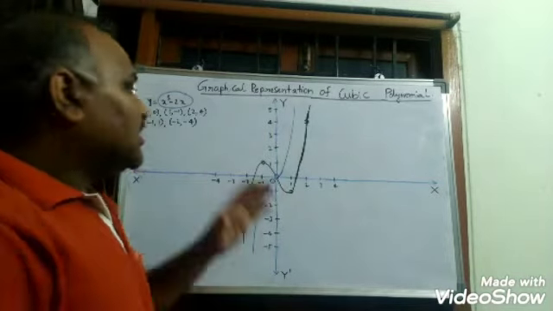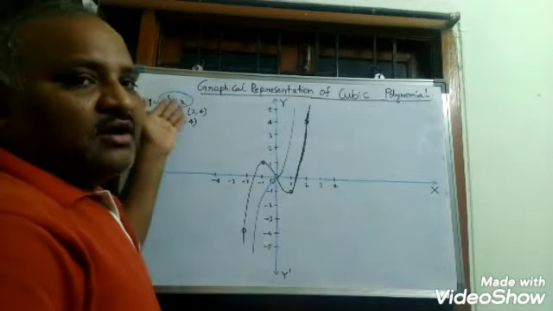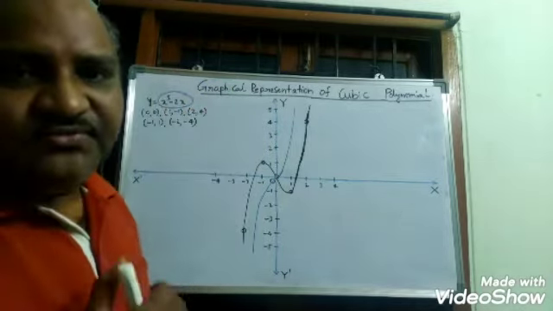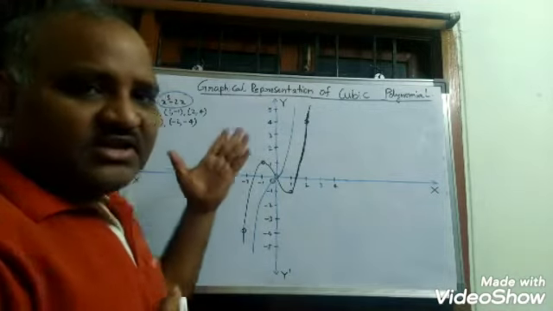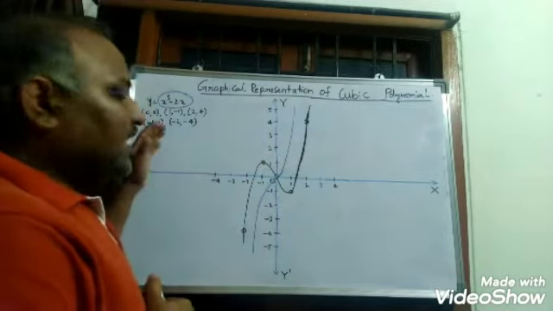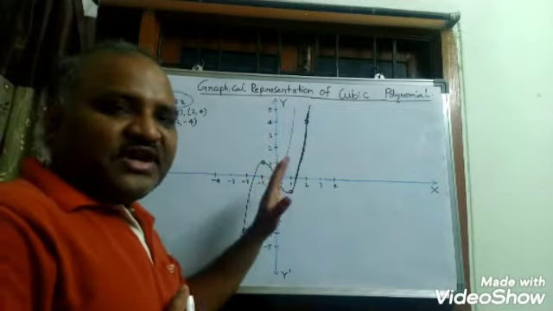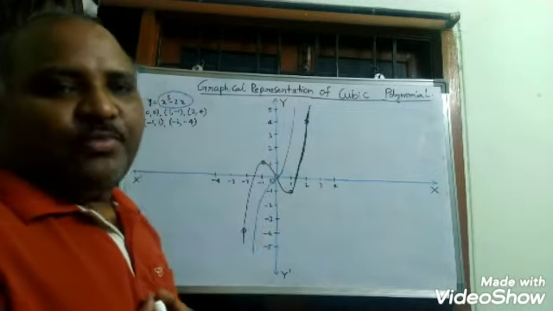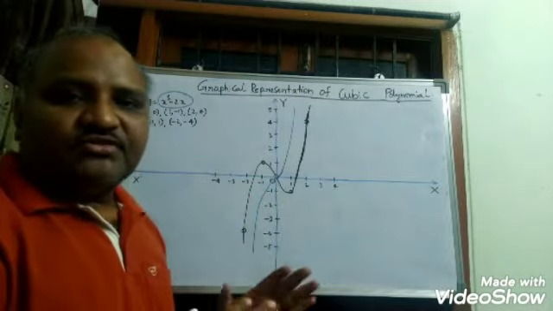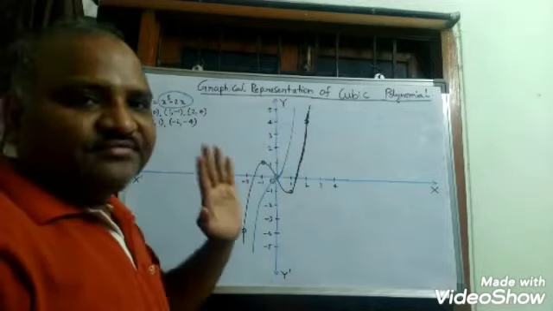Similarly, if we have two more terms, x cube minus 5x square plus 3x minus 1, then we cannot expect the shape of the curve also. So for a cubic polynomial there is no significance for the shape of the curve particularly. So the shape of the curve we are not going to discuss here, just how to draw the graph.